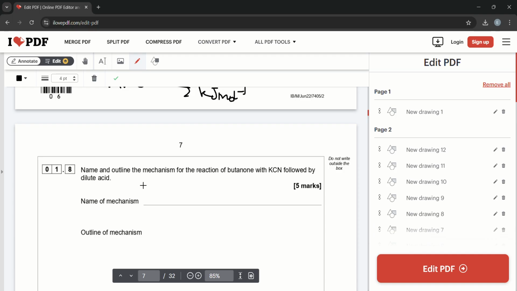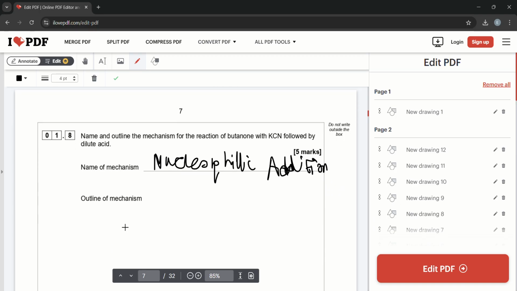Question 1.8. Name and outline the mechanism for the reaction of butanone with KCN followed by dilute acid. Nucleophilic addition. What happens?